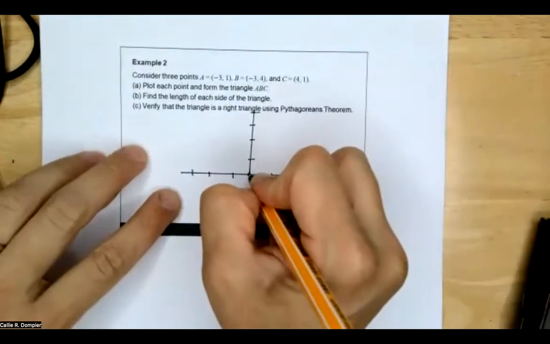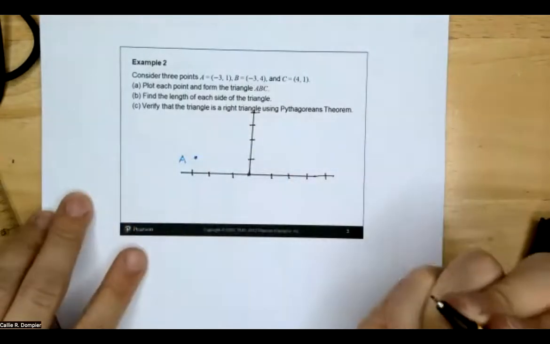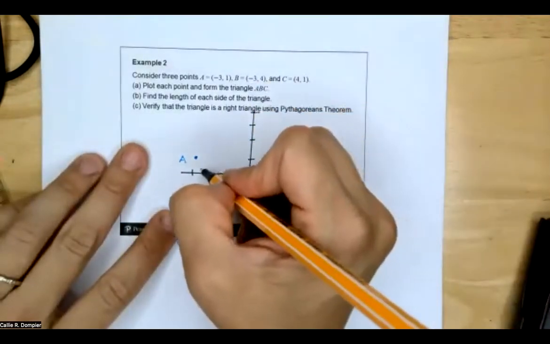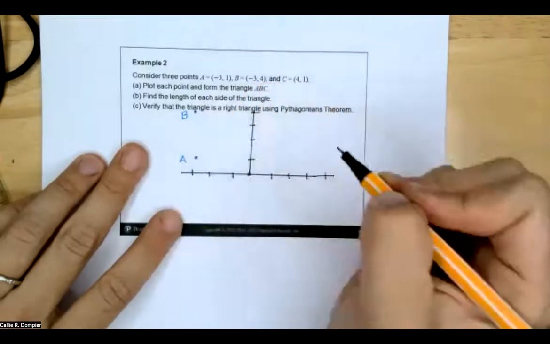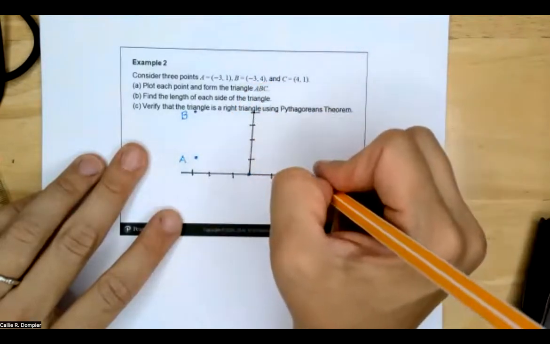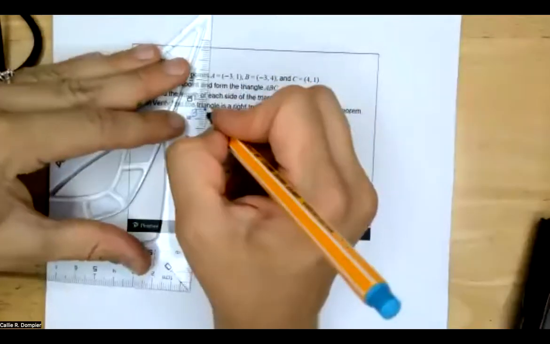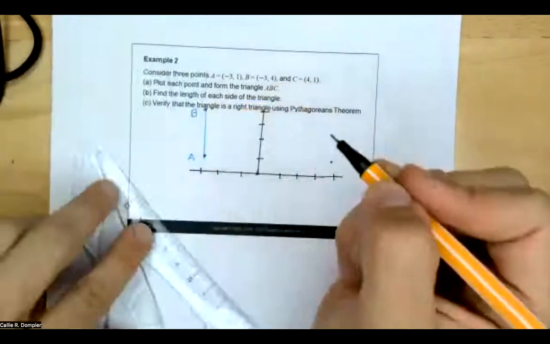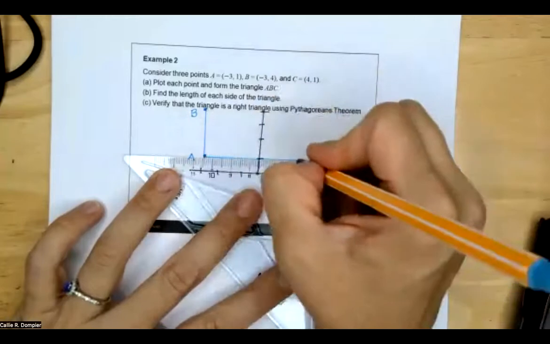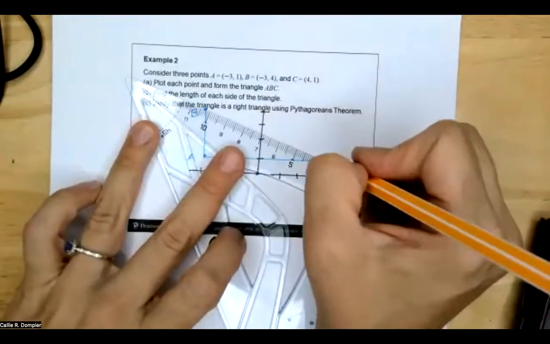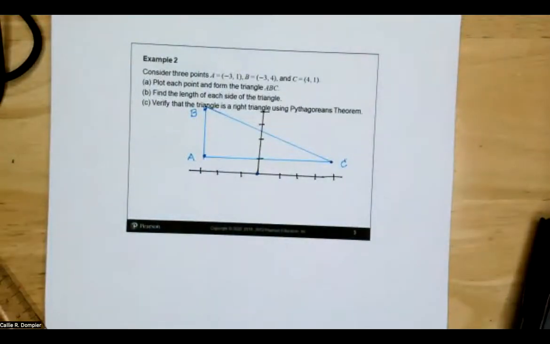So starting from the origin, -3 and up 1 is point A. B is -3 and up 4. And point C is (4, 1). Form the triangle ABC. Find the length of each side of the triangle.